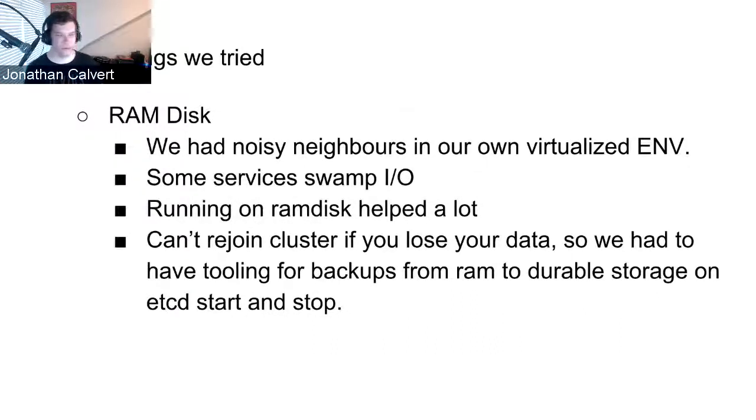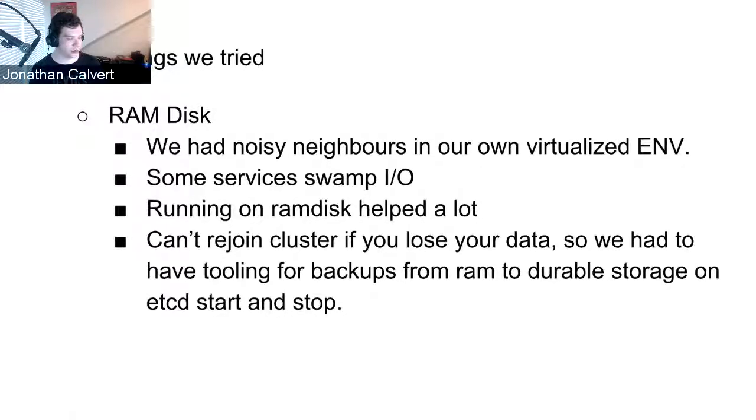So we ended up moving etcd to write to a RAM disk. We have our own virtualized environment. If any of you have ever had experience with that, you may find that you're sharing some hardware with some Elasticsearch nodes or something like that, things that can have really bursty I/O, and if you don't have the benefit of something like provisioned IOPS like you do in Amazon, it can be difficult to find the right host where you don't have to contend with this.